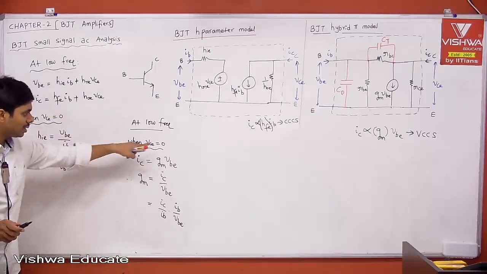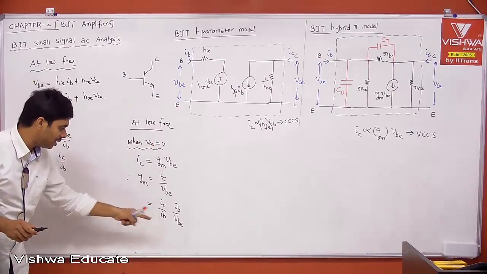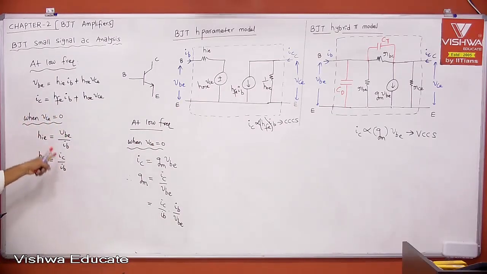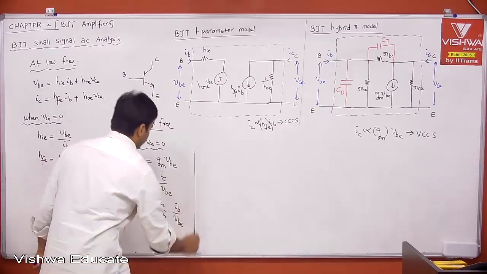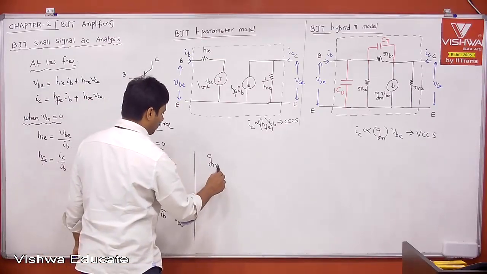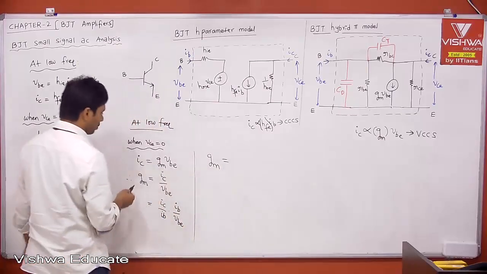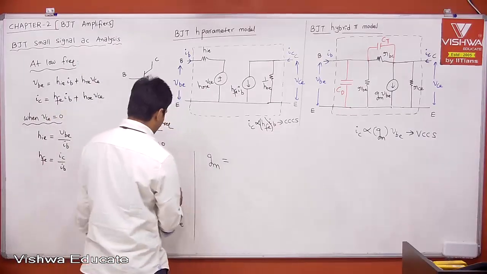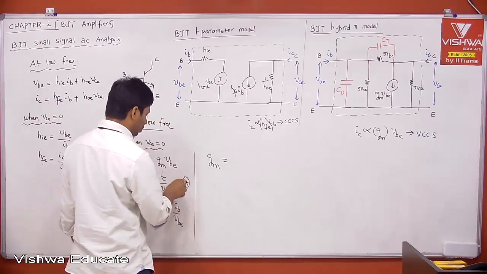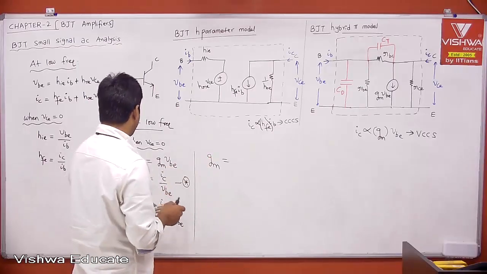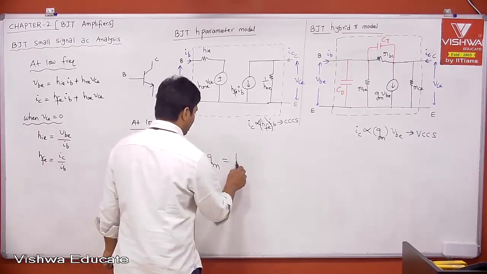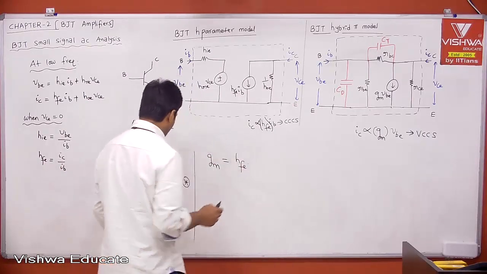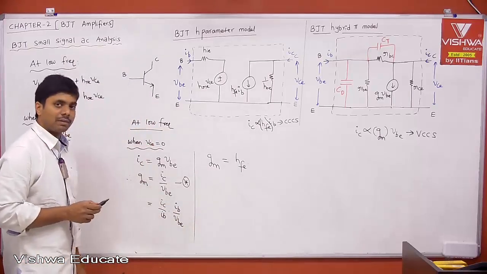Therefore, tell me, when VCE is equal to 0, what is IC by IB? IC by IB, that is nothing but HFE. Therefore, what is GM? Remember this is the definition, okay, that's fine. This is star, I will use it later. Therefore, GM is equal to IC by IB, that is HFE into IB by VBE, when VCE is equal to 0.